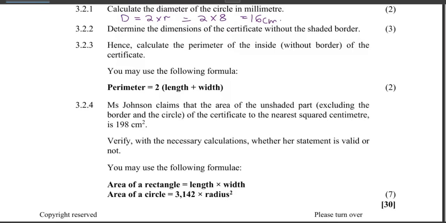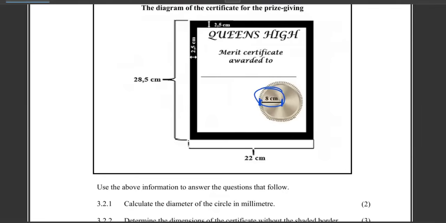Determine the dimensions of the certificate without the shaded borders. What are we going to do without the shaded border? Meaning, they want from here to here. What will it be? The width will become 22 minus what? This side and minus this side. So minus 5. Why do I say 5? Because there are 2 sides and each is 2.5.